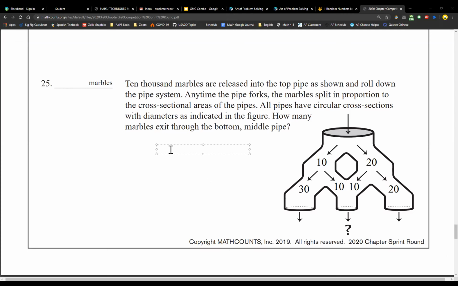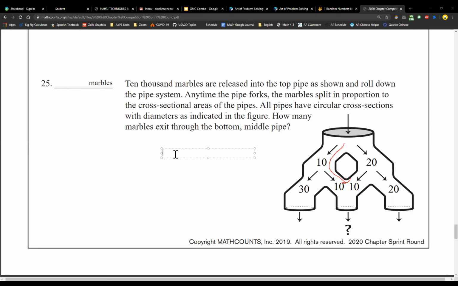All right, so okay, let's do like casework, okay? As I explained earlier. So the first case is that it takes this path. I'll see.